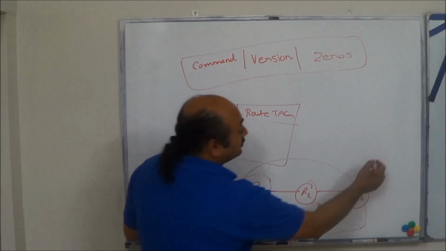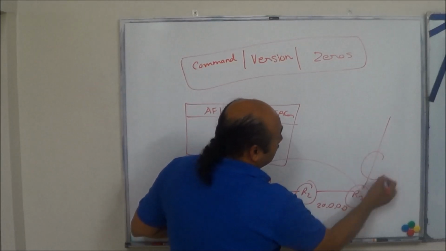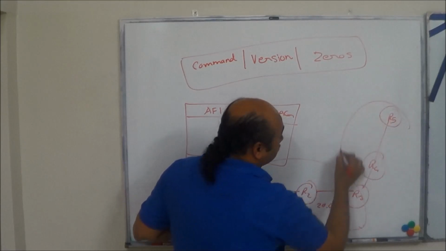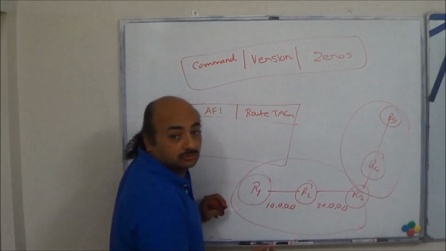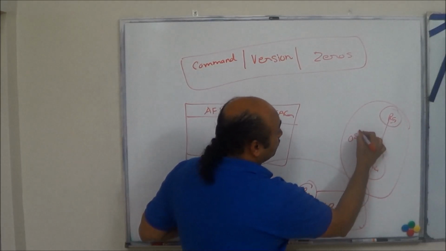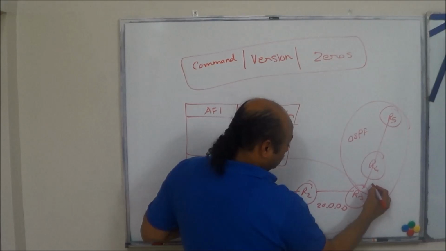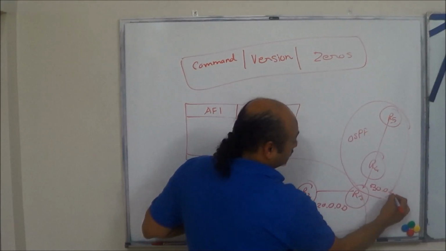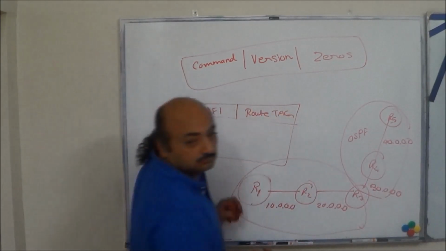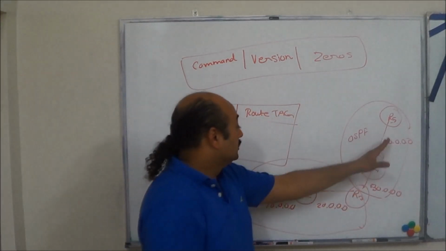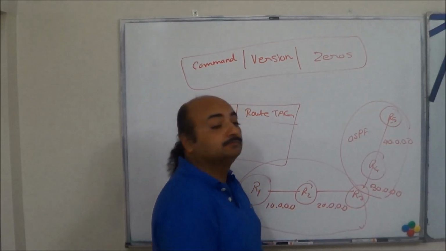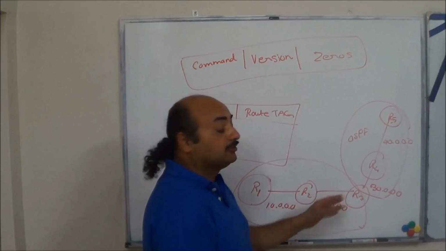And then this is R4, R5, and these routers R3, R4 and R5 are talking OSPF. What is this network? 30. This is 40. So 30 and 40 information is available in OSPF and 10 and 20 is available in RIP.